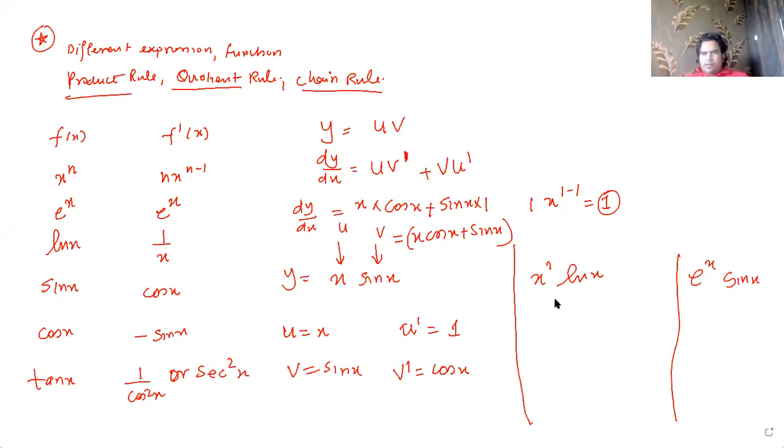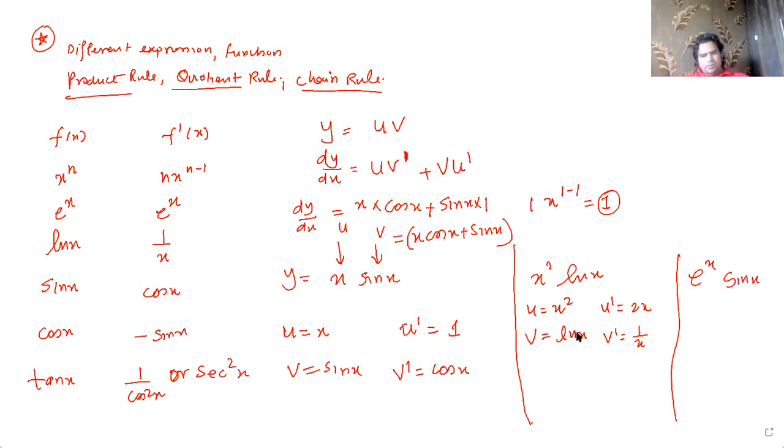For the second part, let's say u is x squared and v is ln x. Now u dash will be 2x, since the derivative of x squared is 2x, and v dash is 1 over x, because the derivative of ln x is 1 over x.